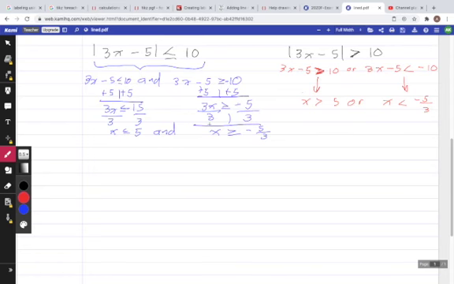When we're solving any other inequality, we follow the same steps we do with an equation, unless we multiply or divide by a negative number, at which point in time we have to change the sign. That does it for this video, and I will see you in the next one.